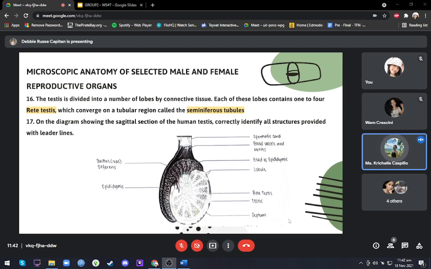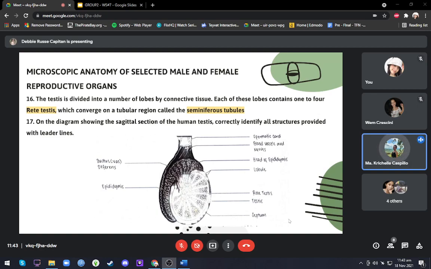Number 16. The testis is divided into a number of lobes by connective tissue. Each of these lobes contains 1 to 4 rete testes, which converge on a tubular region called the seminiferous tubule. Number 17. On the diagram showing the sagittal section of the human testis, correctly identify all structures provided with the leader lines.